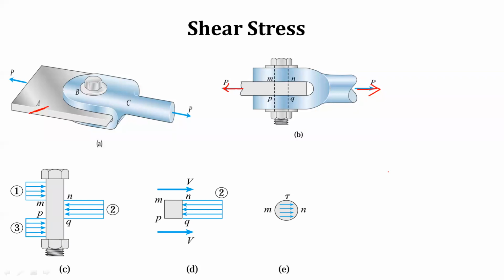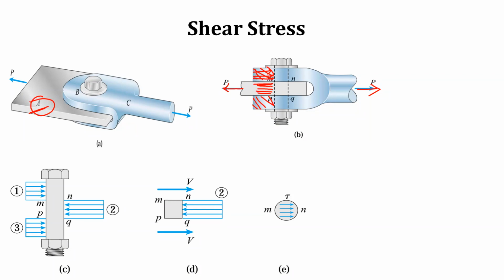See this part, along this part, because at this part contact is there, and again at this part contact is there for the bolt, and at this part the contact is from bar A. So this free body diagram is shown here.